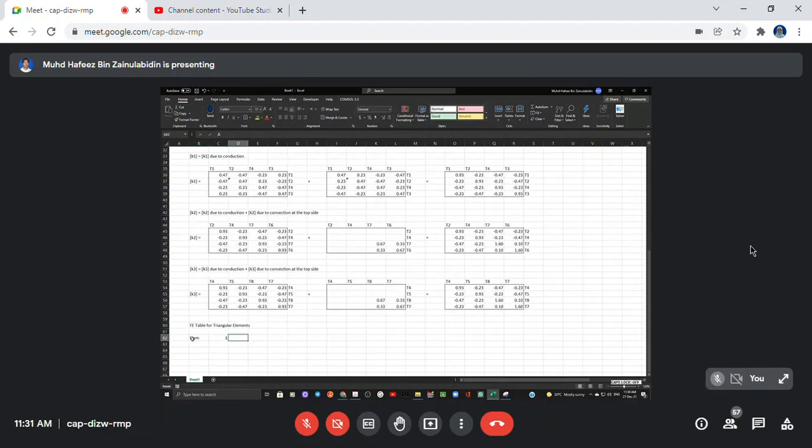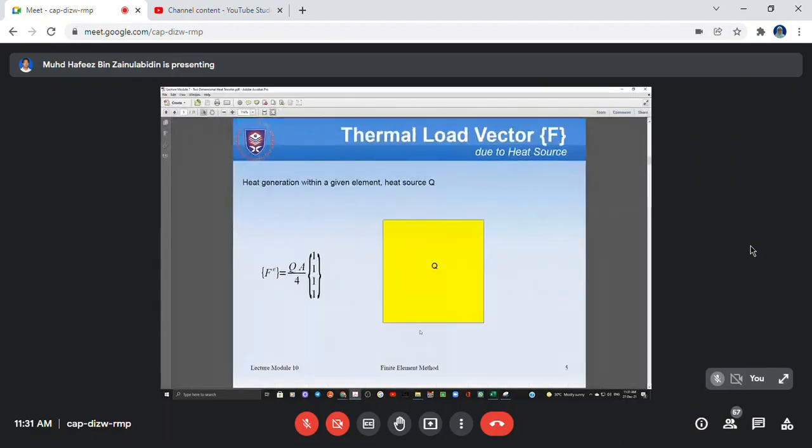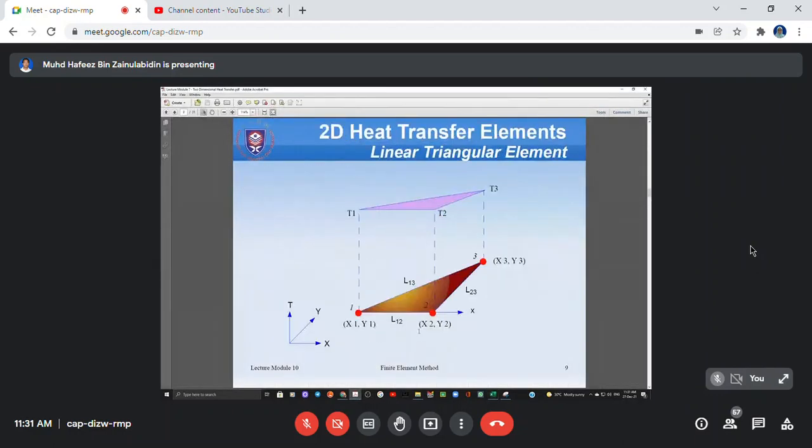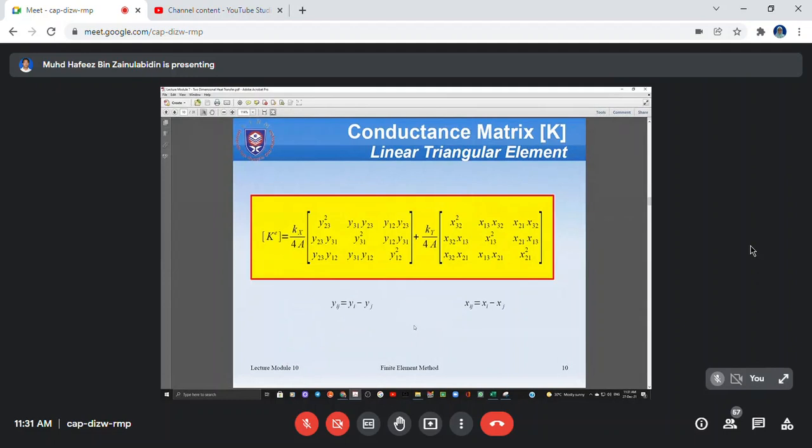We need node 1, 2, 3. Okay, copy this formula here.